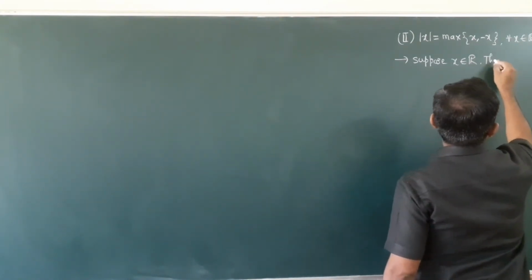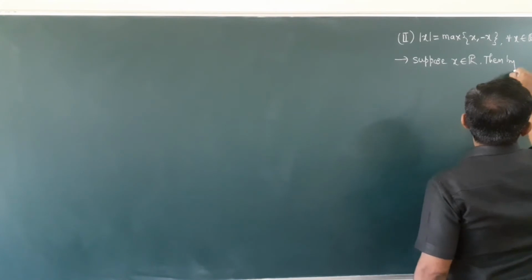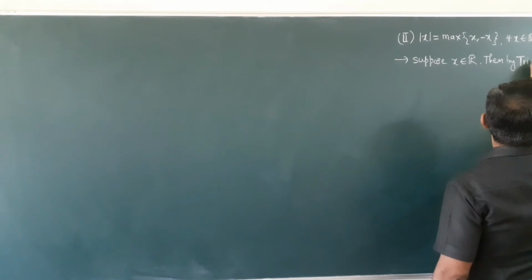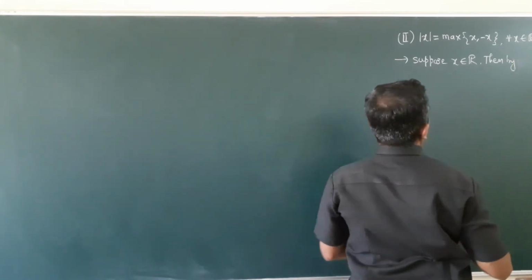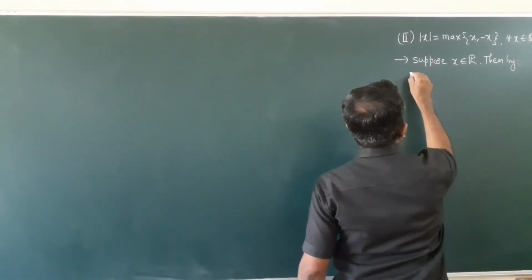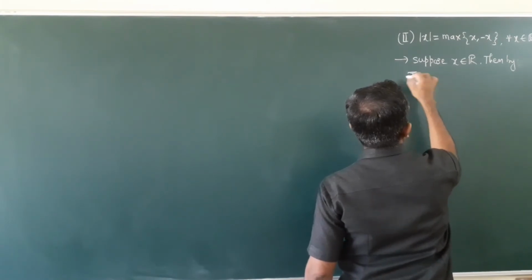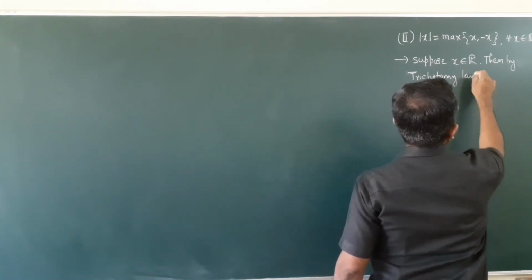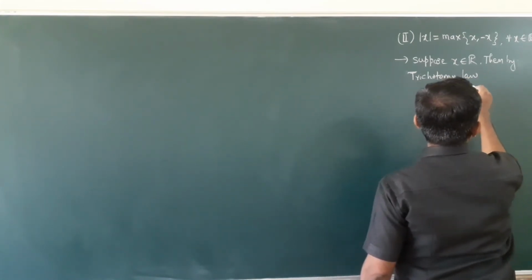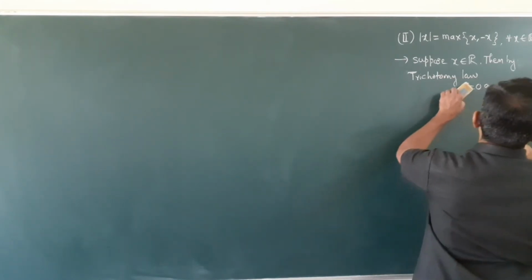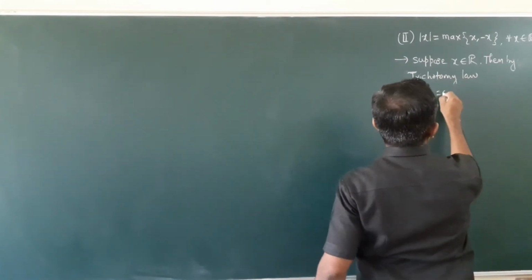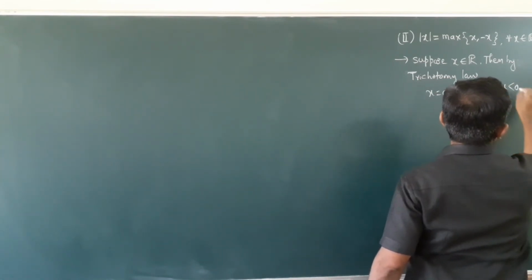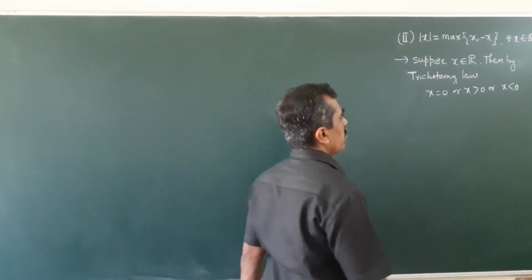Then, by the trichotomy law, x may be positive, it may be negative, or zero. So by the trichotomy law, x equal to 0, or x greater than 0, or x less than 0.